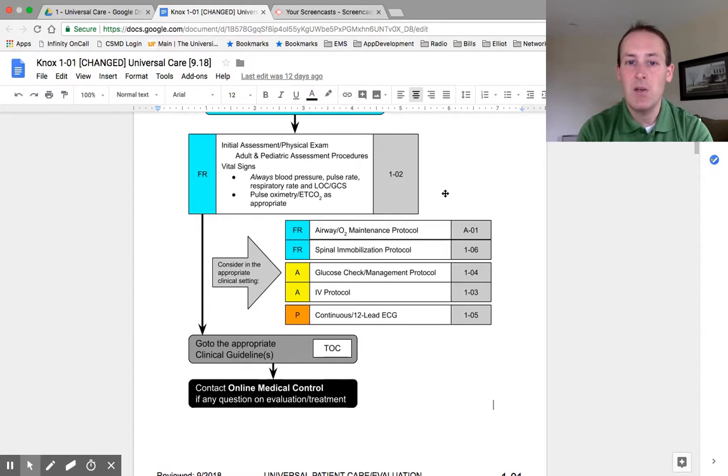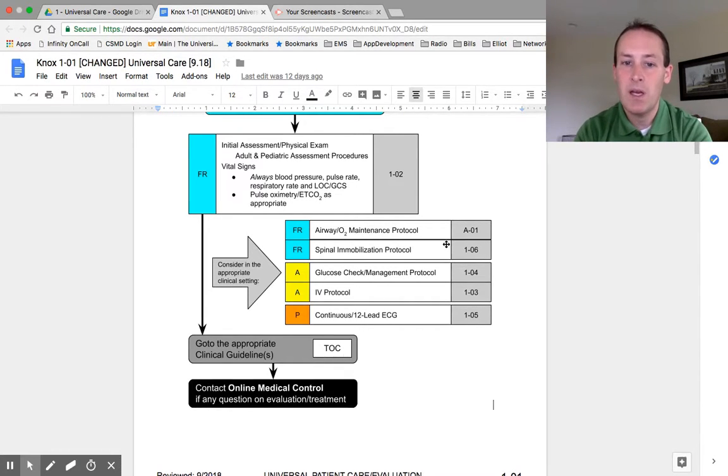Now, with every patient, you should at least consider the next 5 things here. Airway O2 and maintenance is 8-01. In general, this is going to be relatively obvious, and we'll talk about this when we get to that specific guideline. Spinal immobilization should always be considered.